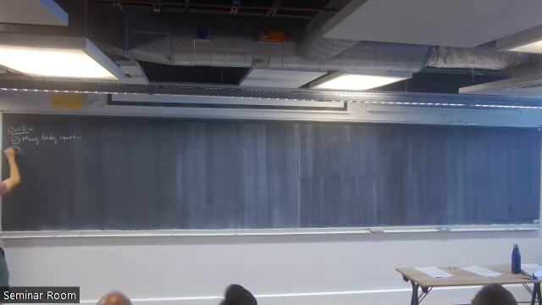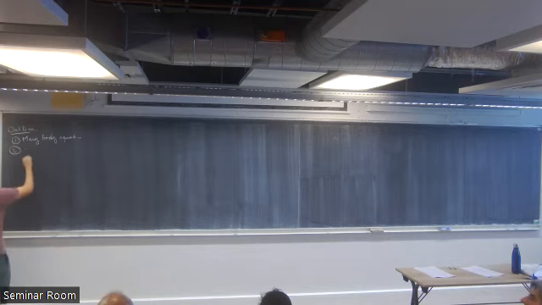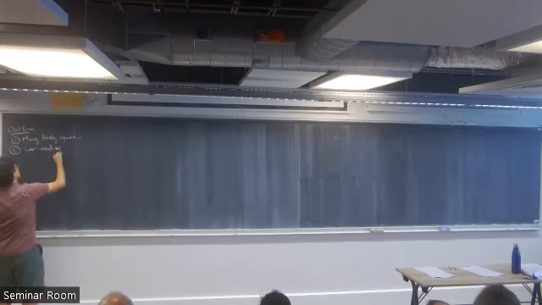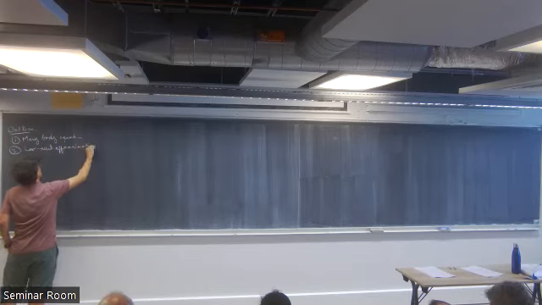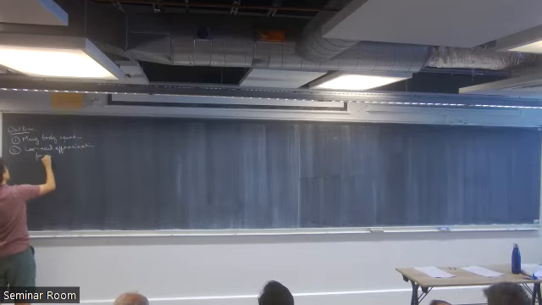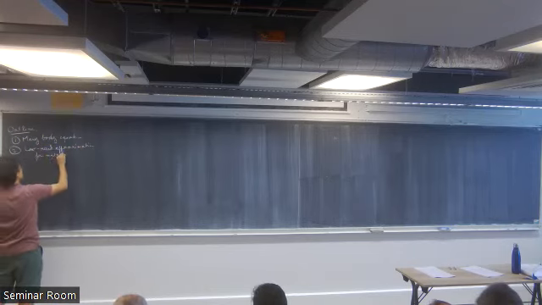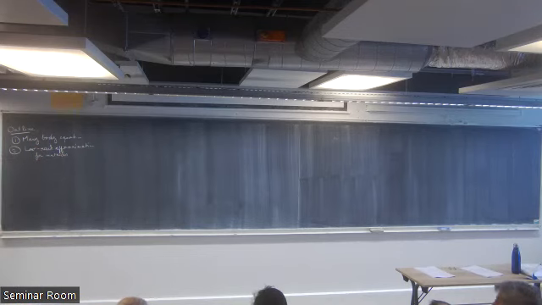Then in a second part, I will speak about the low rank approximation problem. So the low rank approximation, first for matrices. So it will be basically what Antoine talked about.